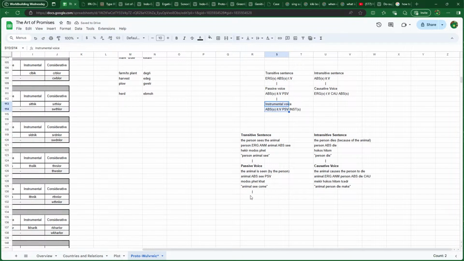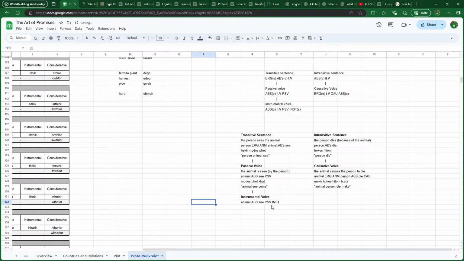And then this new thing, the instrumental voice. We bring back the by the person thing that we lost. So we have the absolutive animal. So animal absolutive, see, passive, but now we have the instrumental noun.